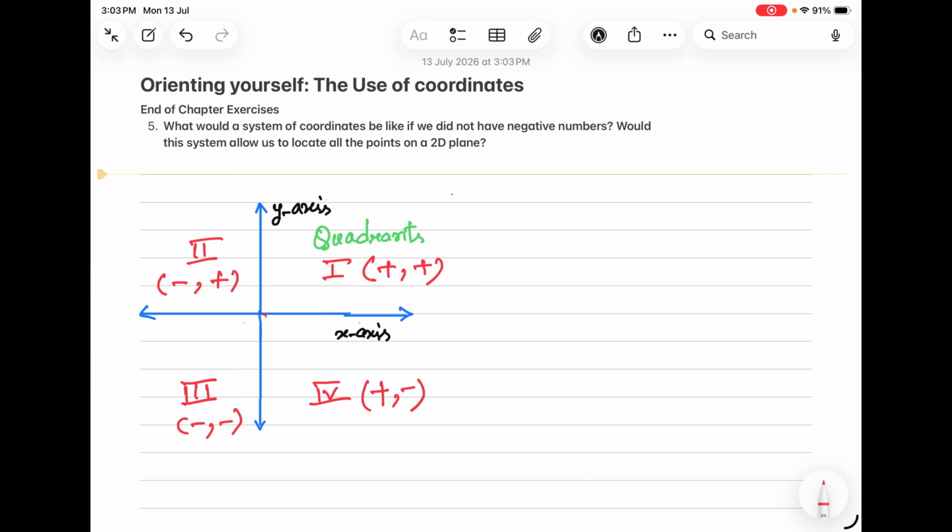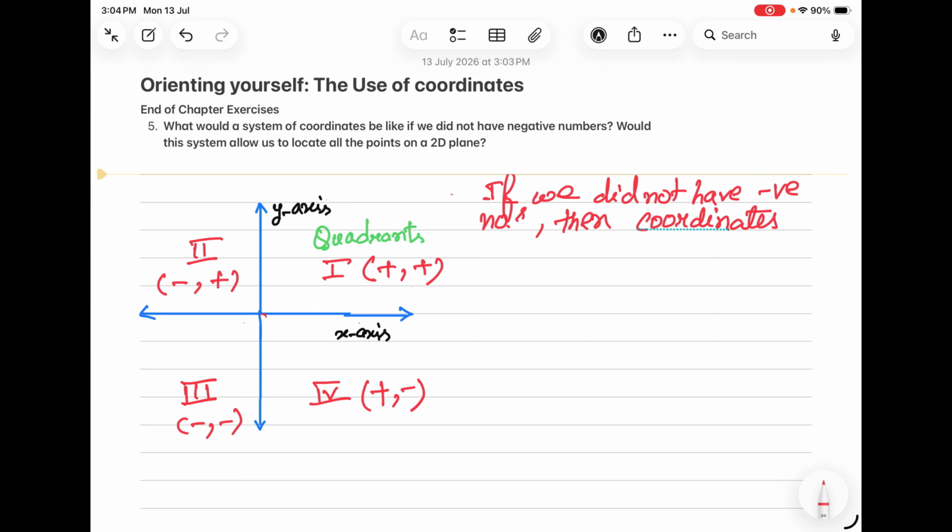So let's write the answer. If we did not have negative numbers, then the coordinates would only be 0 or positive numbers.